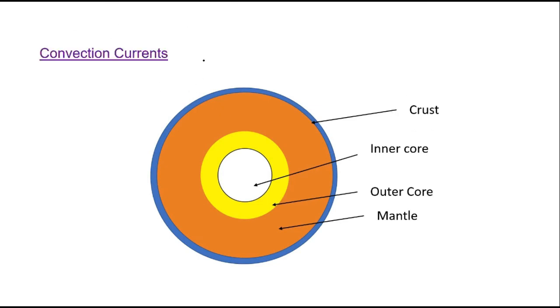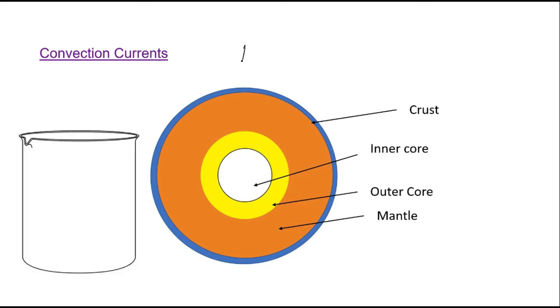Well, this is the time to know about convection currents. Now let us go a bit slow here. Imagine that we are preparing tea, and we put water in the container. You all know how it is prepared.